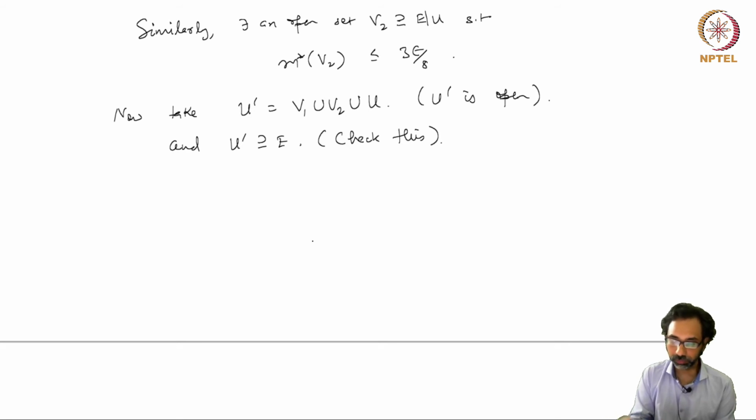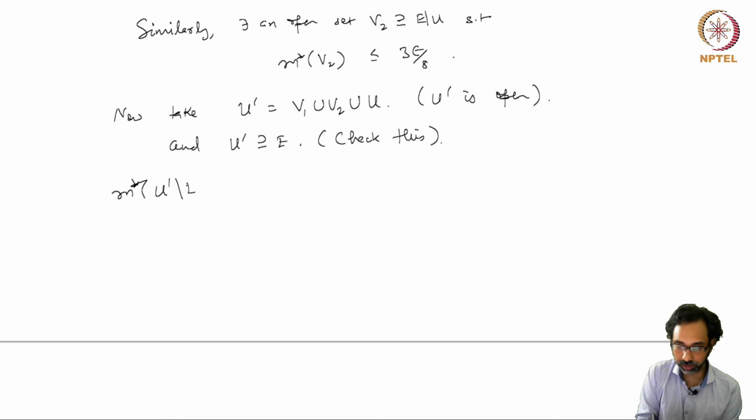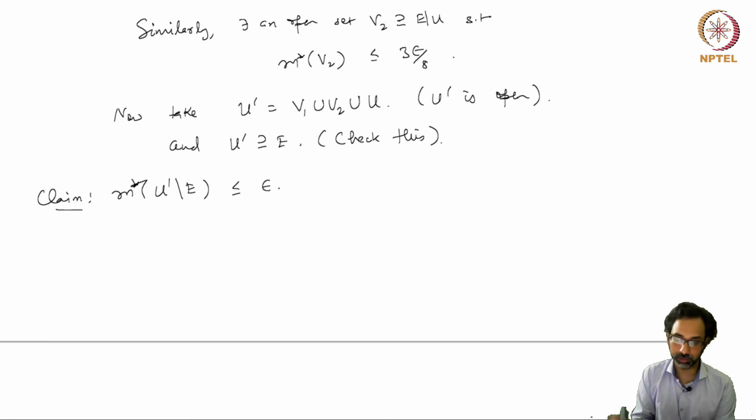Now I want to show that m star of U prime minus E, I am claiming that m star of U prime minus E is less than or equal to epsilon.